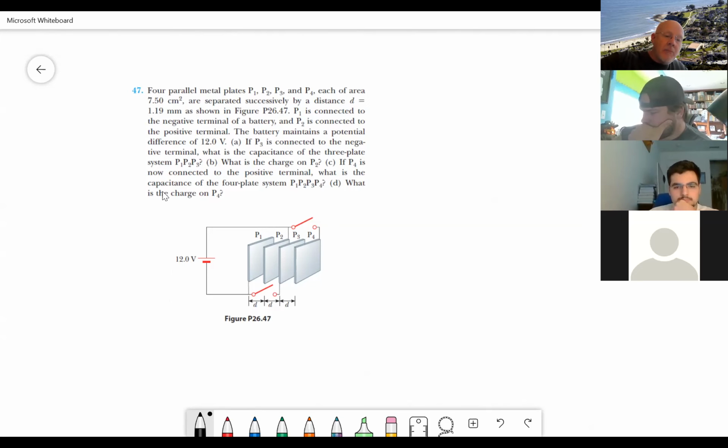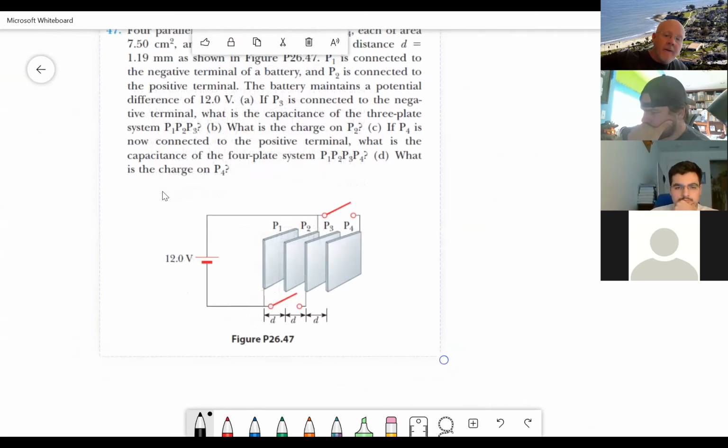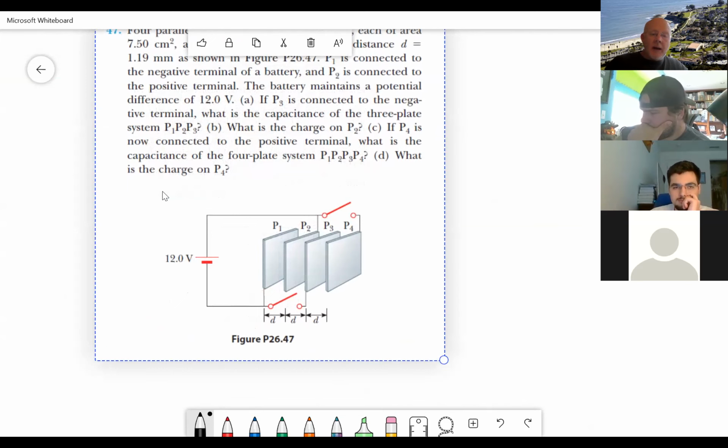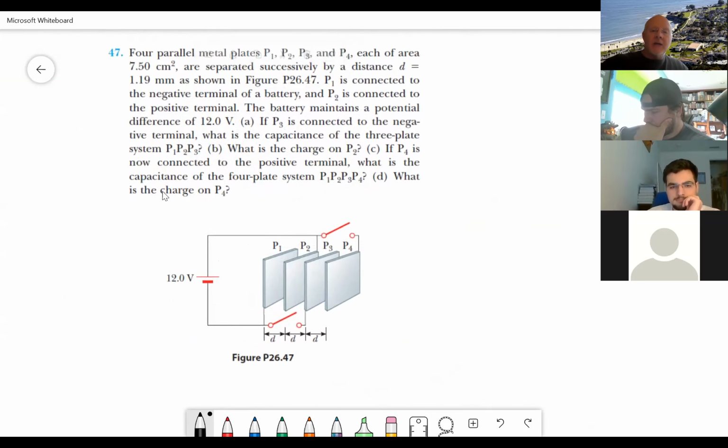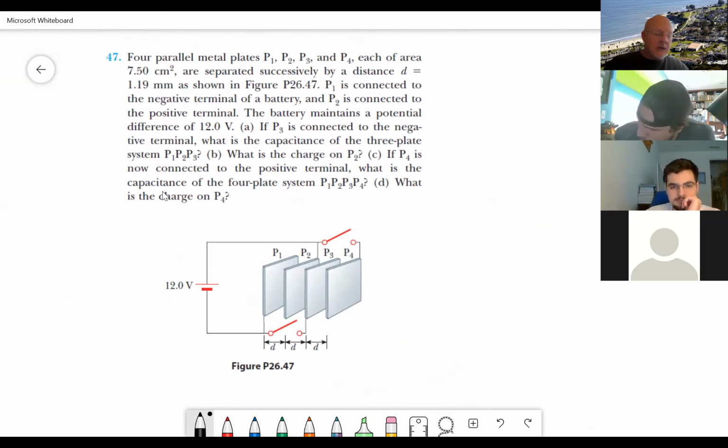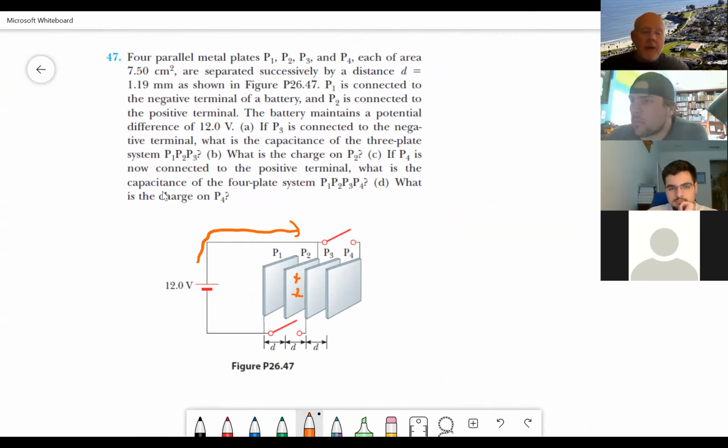I'm going to make it a little bigger, because what I want you to see is, if I draw this in orange, the P2 right here is going to get positively charged, and the P1 is going to get negatively charged.